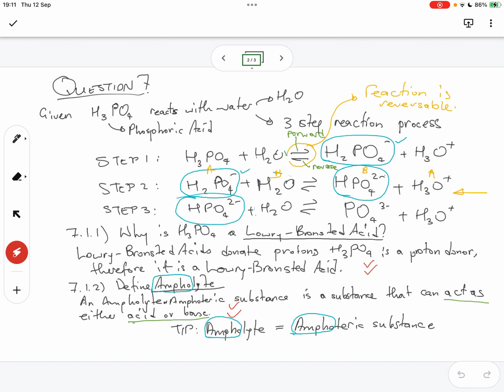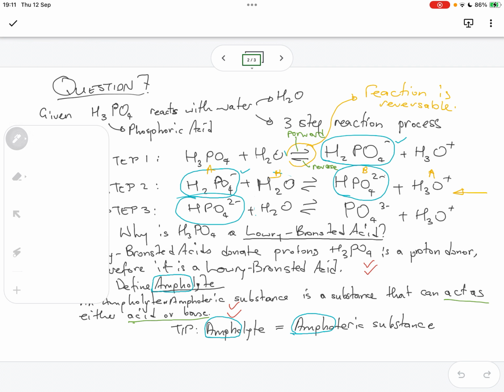So we need to look at which one becomes the acid and what's its conjugate base, and which one is the base and what's its conjugate acid. And now, because we've identified H2PO4 minus as an ampholyte, meaning in step 2 it starts out as an acid, its product becomes a base. So those two become a conjugate pair.